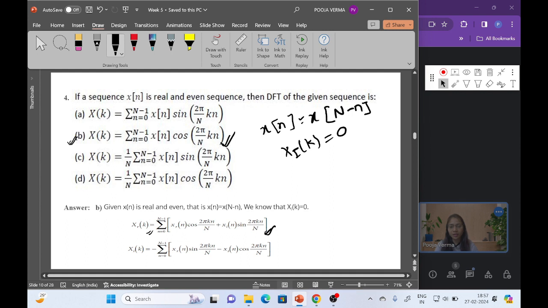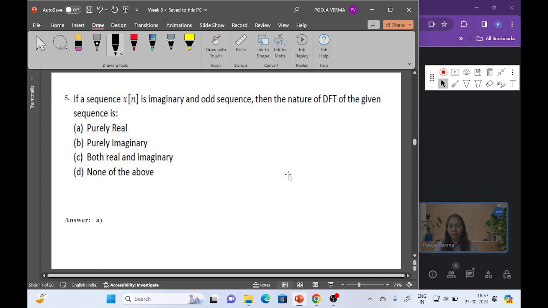And we have already described this in the properties part, the DFT symmetricity property. So this is also related to that one. If a sequence x of n is imaginary and odd, what will be the nature of the DFT of the given sequence? Option A is purely real, option B is purely imaginary, option C is both real and imaginary, and option D is none of the above.